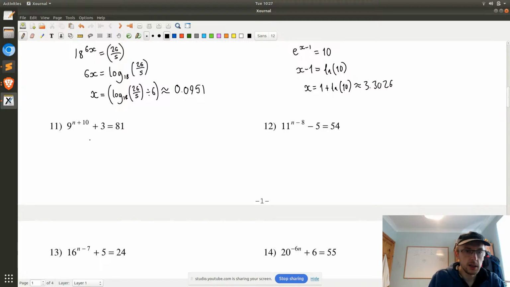Okay, here. I mean, it's all 3, so it looks very tempting that you could do it, but 9 to the n add 10 equals 78. So n equals log base 9 of 78, all of that take away 10.